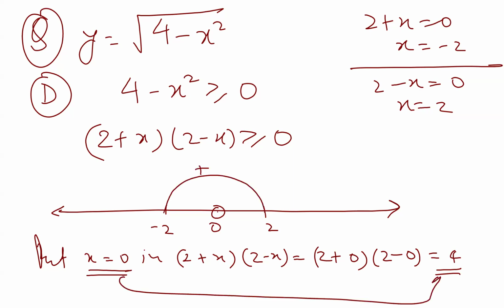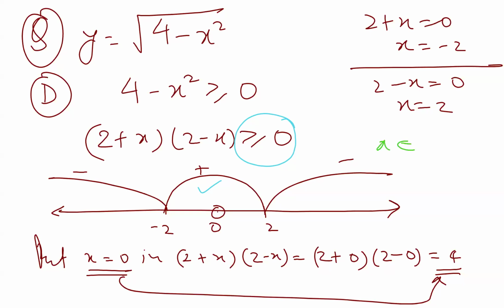Since for 0 we got a positive answer, the adjacent regions are negative. Now look over here, it's greater than or equal to 0, which indicates the positive region. So the domain is x belongs to minus 2 and 2, the positive region. Equal to sign is also there, so put box brackets.